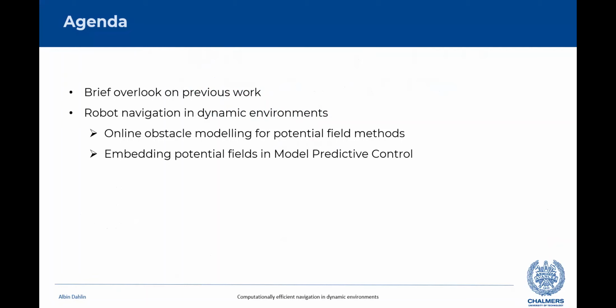After introducing in what context I have addressed the problem, I will present how to make obstacle descriptions online to reduce the risk of being trapped in local attractor points, in terms of potential field methods. And finally, I will present a model predictive scheme, which embeds both this obstacle modeling and the potential field approach.